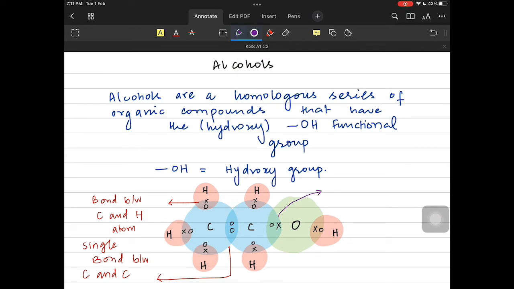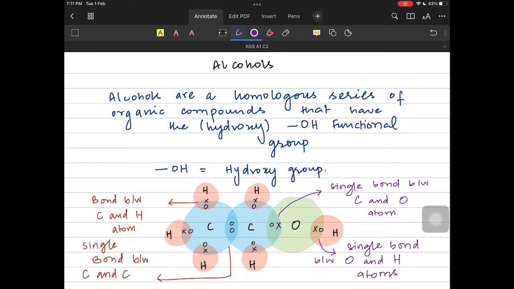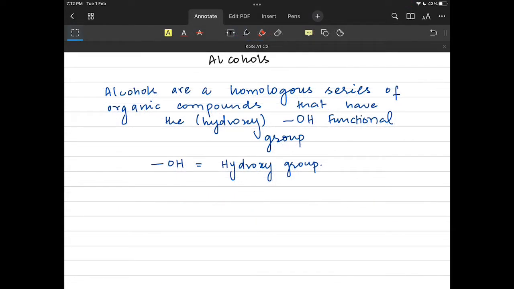So oxygen makes a single bond between the carbon and oxygen atom, while there is another single covalent bond between oxygen and hydrogen atom. So these are the electrons represented by dots and crosses.